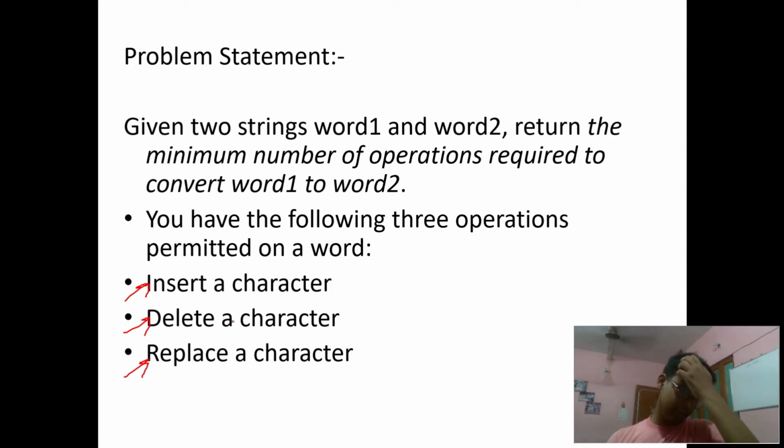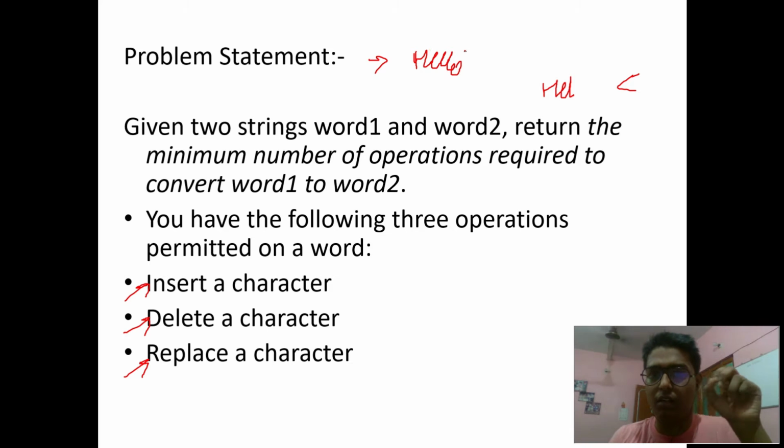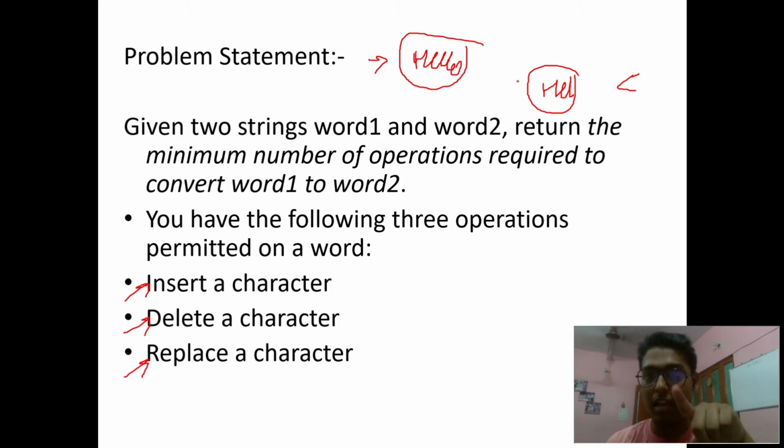If we are given the two strings, word1 and word2, like word1 is HELLO, and the second word is HELL. We need to find the minimum number of operations to convert hello to hell.